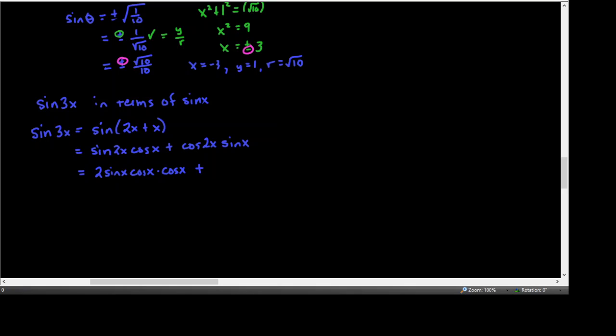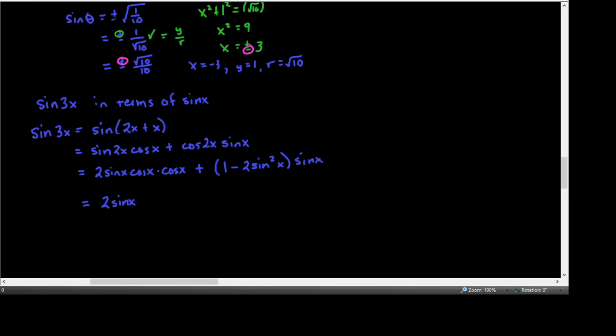plus, let's see, cosine of 2x. I'm thinking the best one to use here is the one that has only sine in it. 1 minus 2 sine squared of x times sine of x. So 2 sine x.